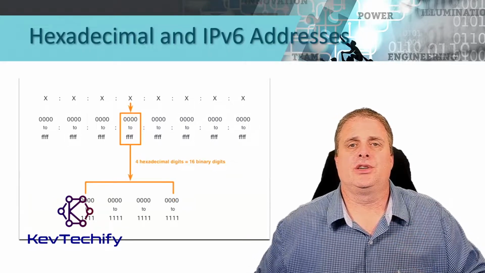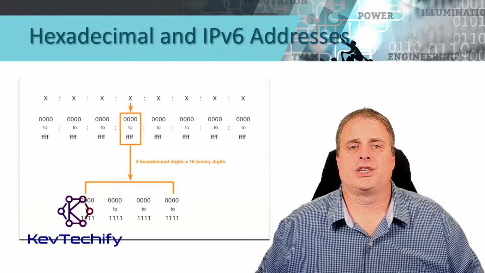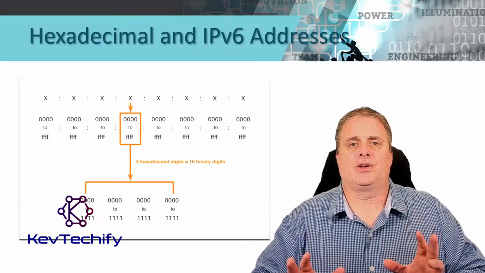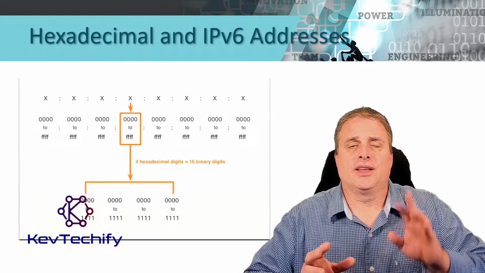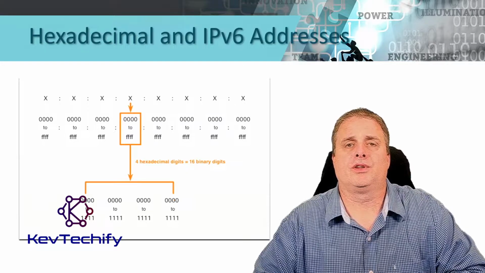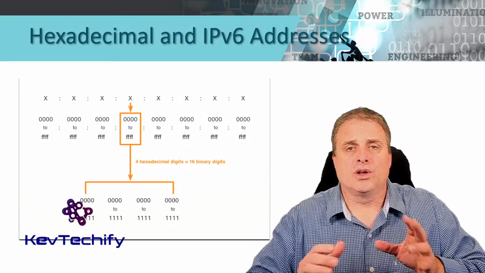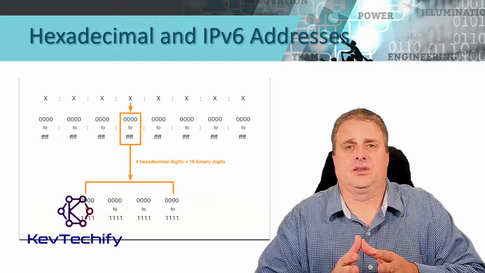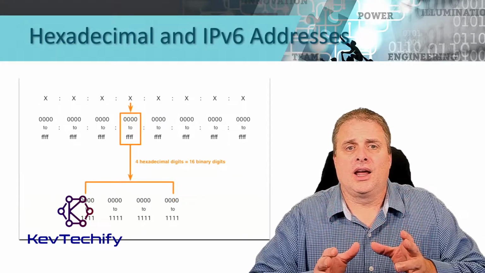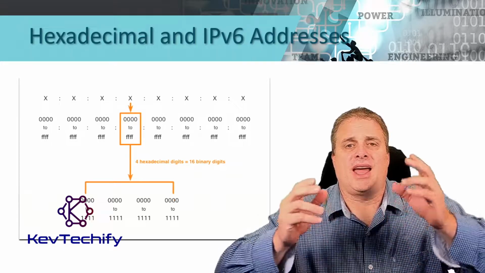The second place you're going to see it is IP version 6. IP version 6 addresses are 128 bits long. That's 4 times longer than the IP version 4 32-bit address. Once again, we take every 4 bits, convert that, and have that be a hexadecimal number.